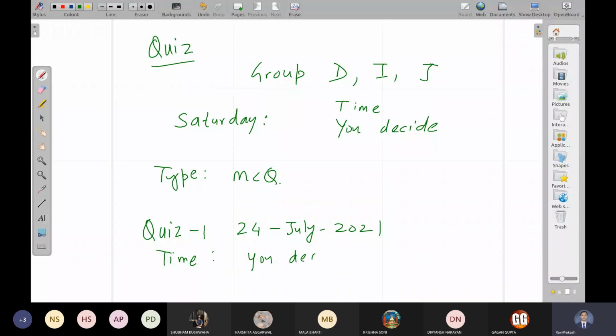Time: please find a time where all three groups are available. Who is the CR here? Who is the representative of your class? Please communicate to I and J group also, and find a common time where all these three groups can appear in the quiz at the same time.